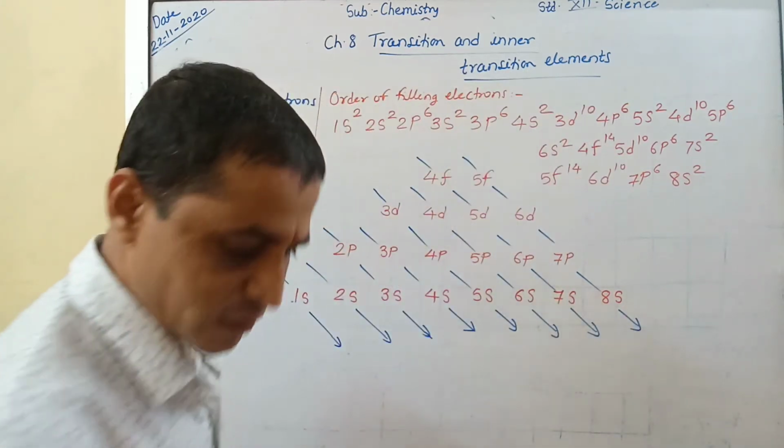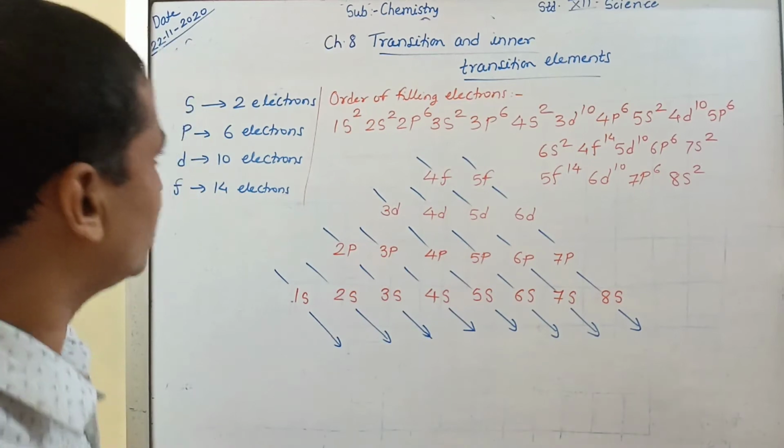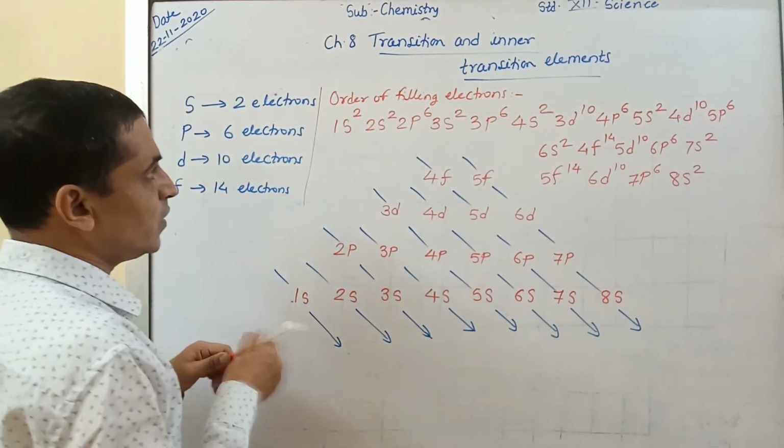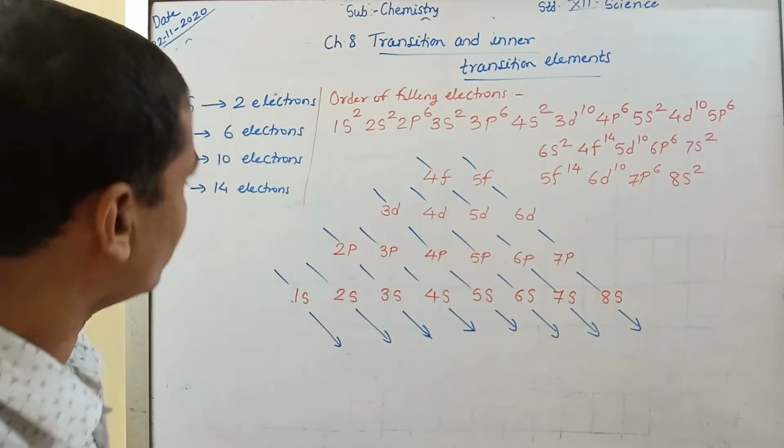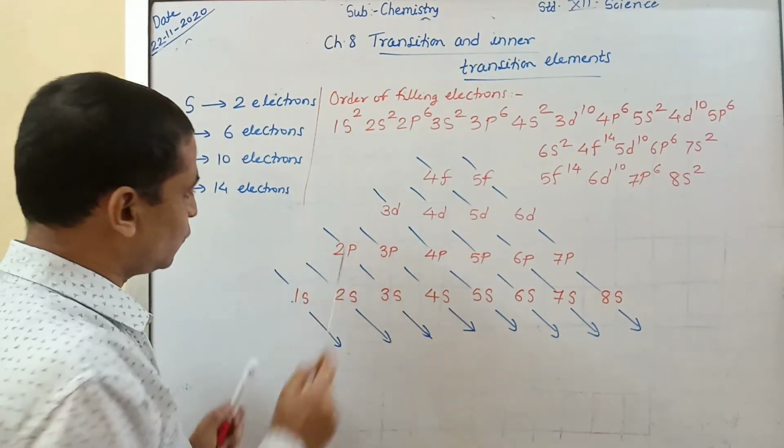We don't require 7p or 8s, but I have shown that this is the order of filling the electrons.